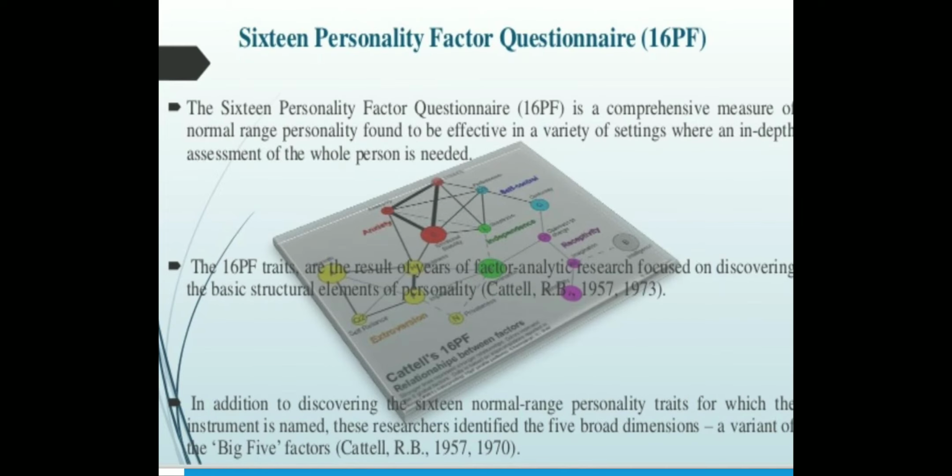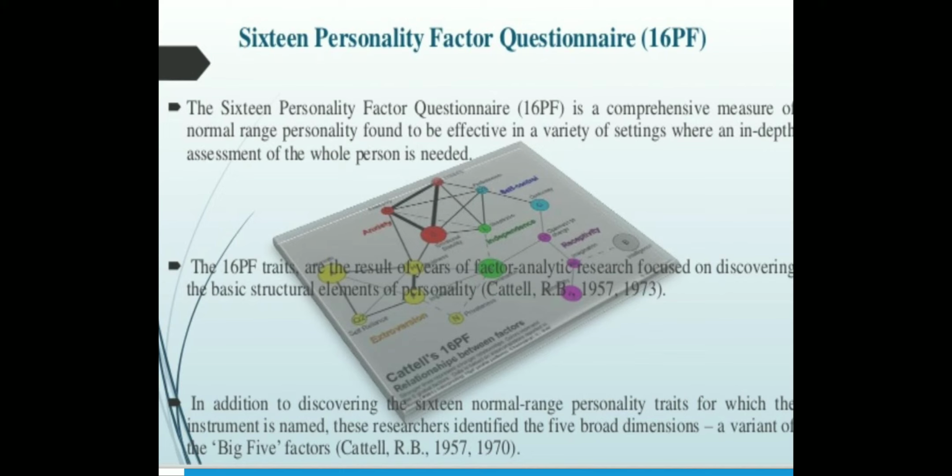Now, 16PF is a comprehensive measure of normal range of personality found to be effective in a variety of settings where an in-depth assessment of the whole person is needed. The 16PF traits are the result of years of factor analysis research focused on discovering the basic structural elements of personality.